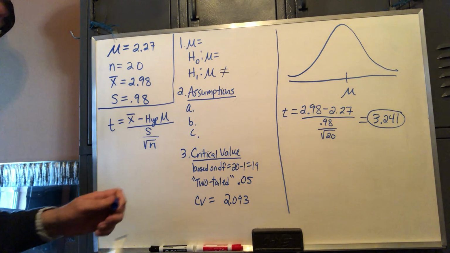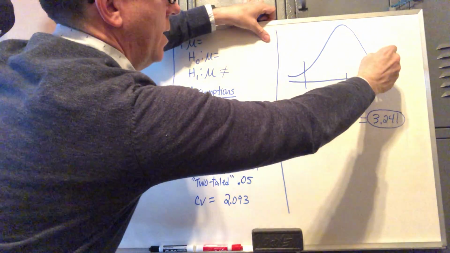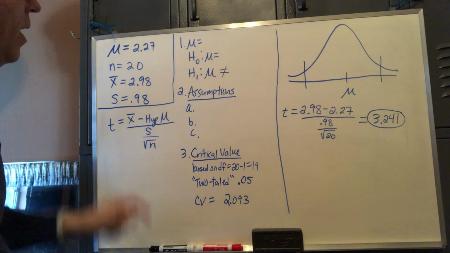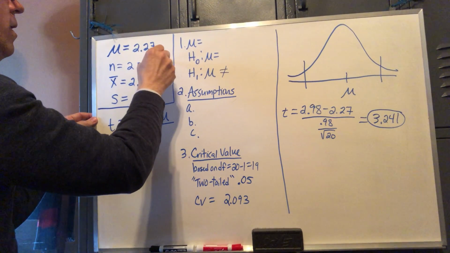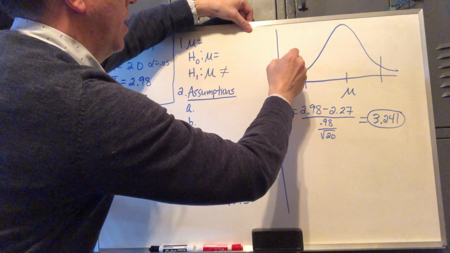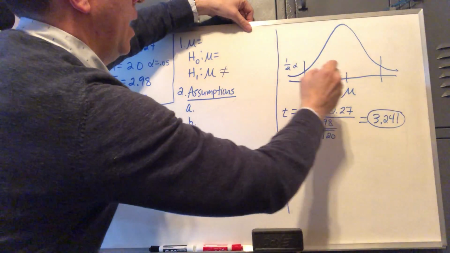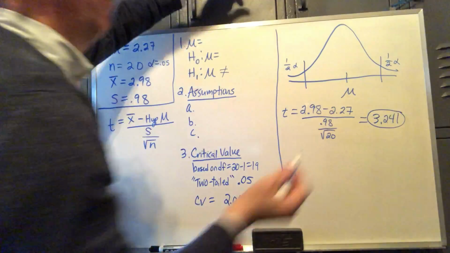So when we get to our sketch, we're going to cut up both sides. Our alpha, 0.05, will now be cut in half. So it's 2.5% on the left, half of alpha, and 2.5% of the distribution on the right.